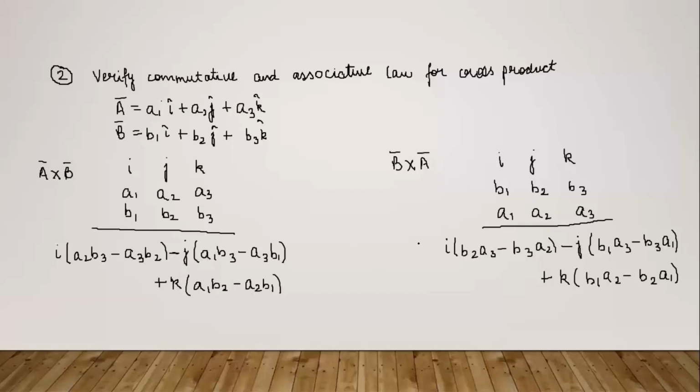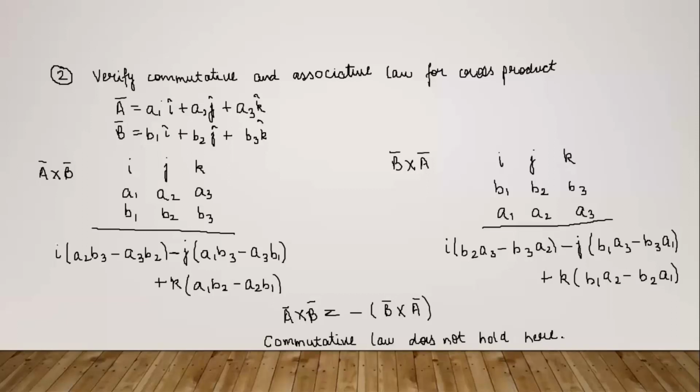So we will see that the signs of all the terms in this expression are just the opposite. On comparing, we can say that A cross B is equal to minus B cross A. The commutative law says that A cross B should be equal to B cross A, and this is not the case. So the commutative law does not hold here.